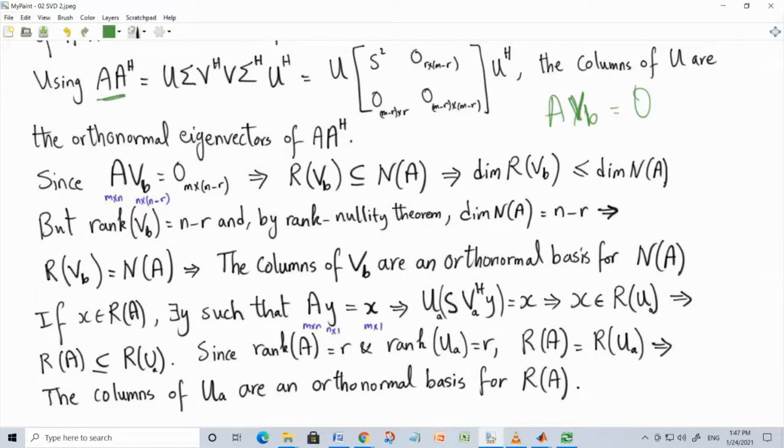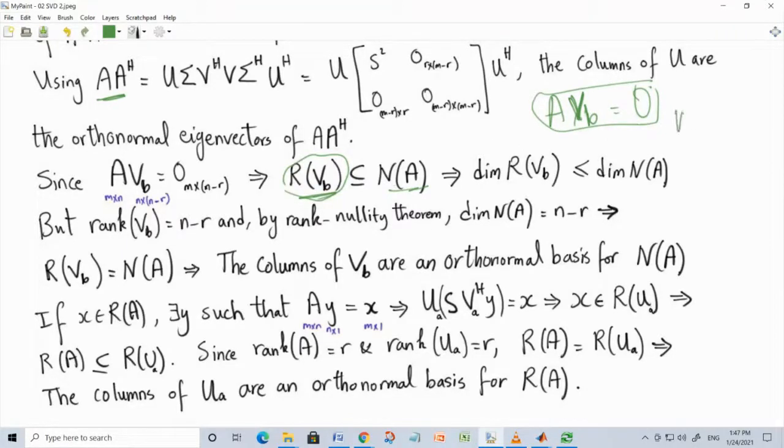So the columns of VB live in the null space of matrix A. If you see an equation like this, you are sure that the range, the column space of VB, is a subset of the null space of A. Now, what is the dimensionality of the range of VB and the null space of A?